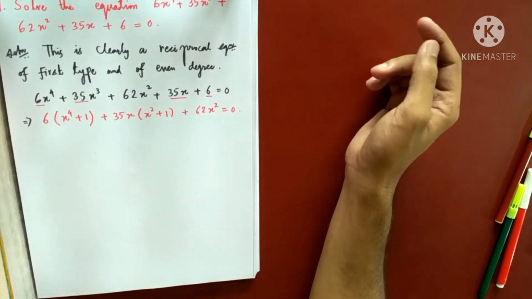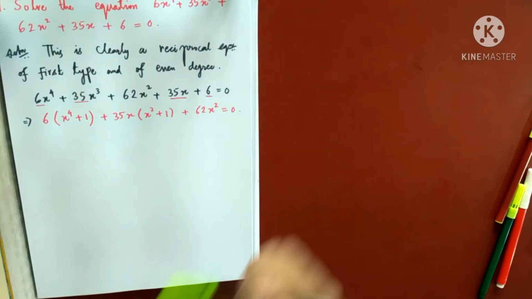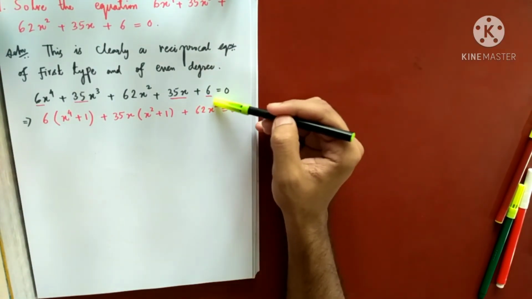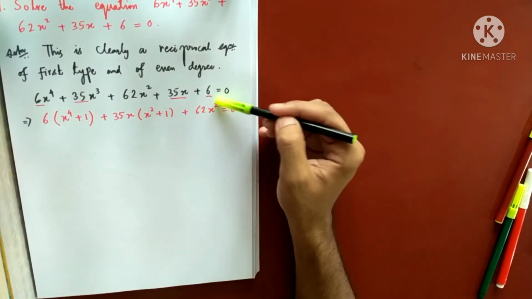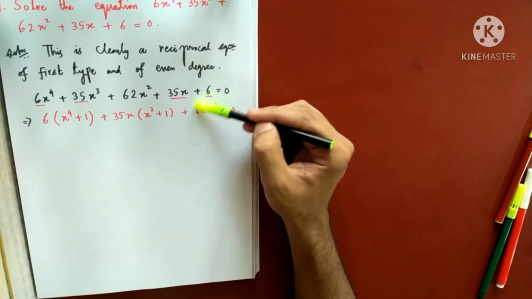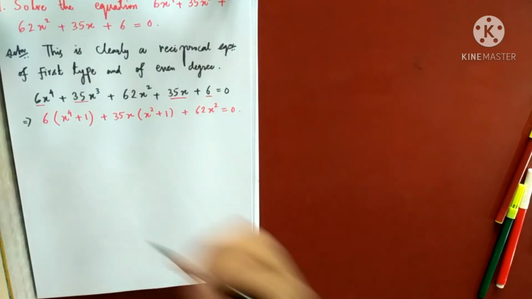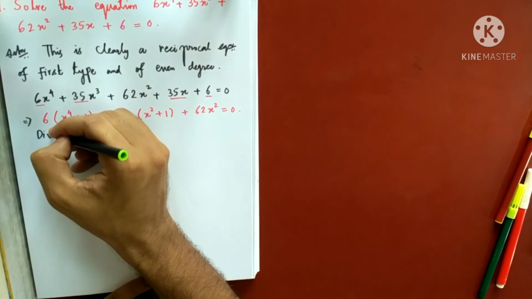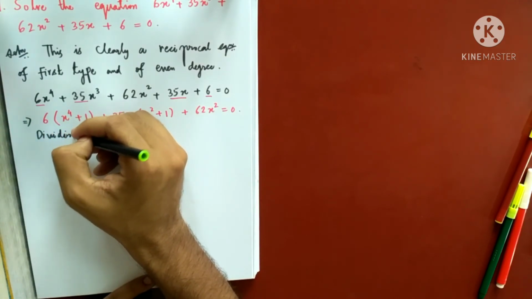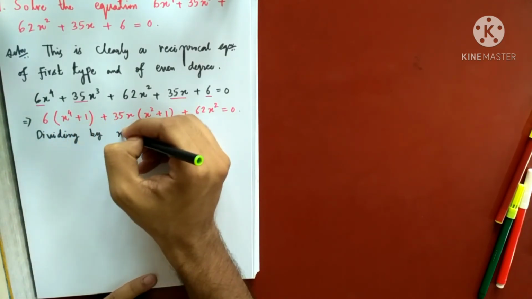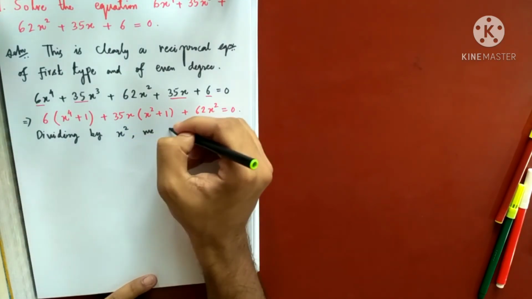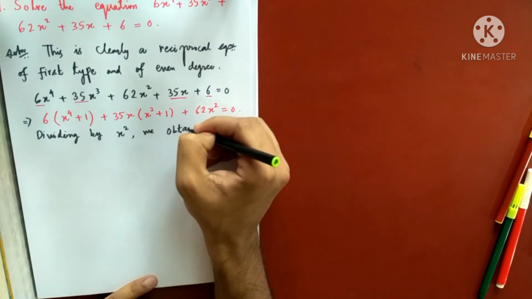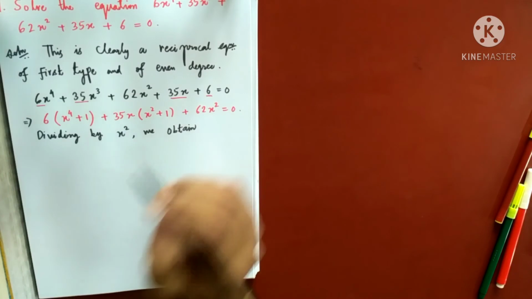Right. Now you divide by this power of x. That means you divide by x square. You have to just make here a number. Okay. What I'll do, I'm dividing by x square.